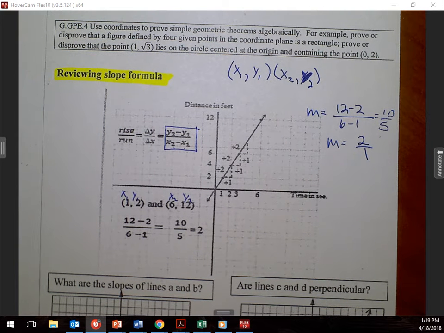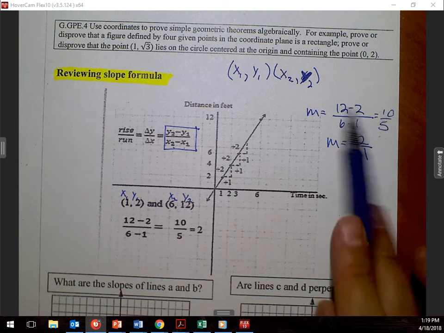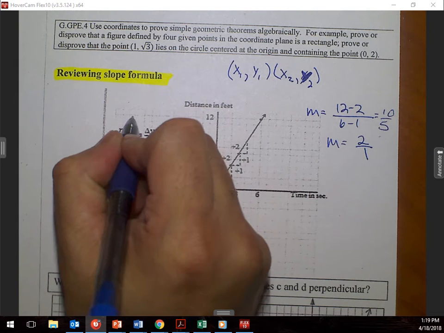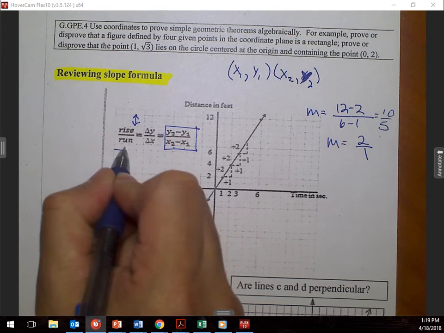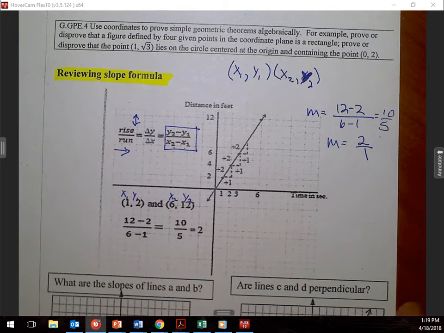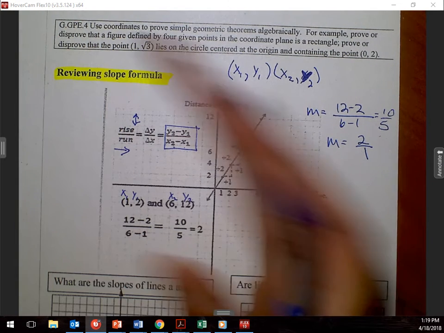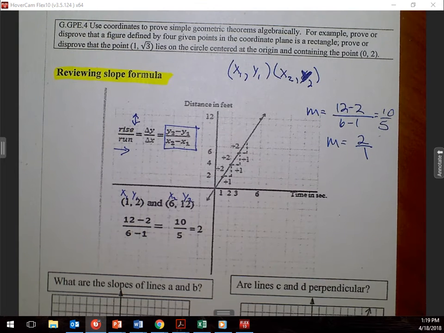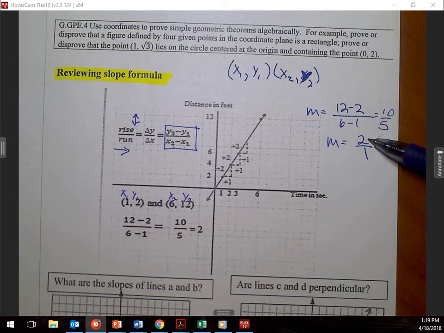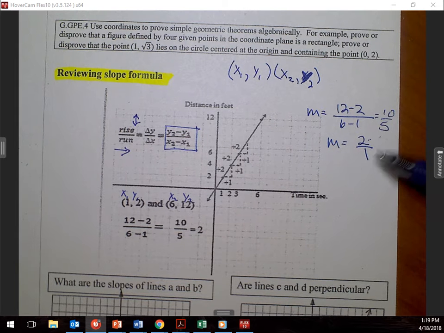Now, my rise goes up and down. My run only goes to the right because we read from left to right. But the rise can go up or down. So this means it's going to go up 2, right 1.